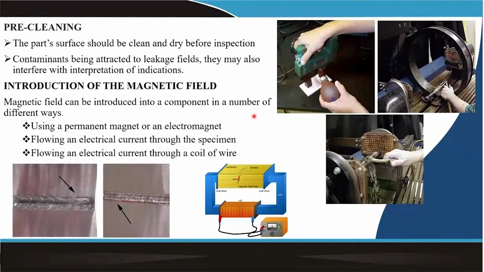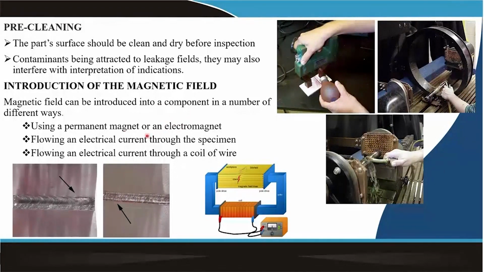Here again, the steps you should follow: first, clean the surface. The part surface should be cleaned and dried before inspection, and contaminants need to be removed. Then you have to apply the magnetic field. The magnetic field can be introduced on the component in a number of ways, like by a permanent magnet, or by flowing an electrical current through the specimen, or through a coil or wire.